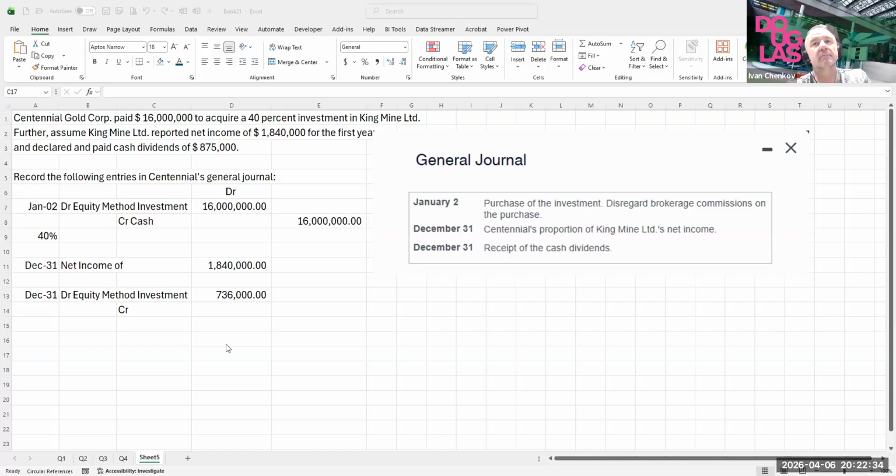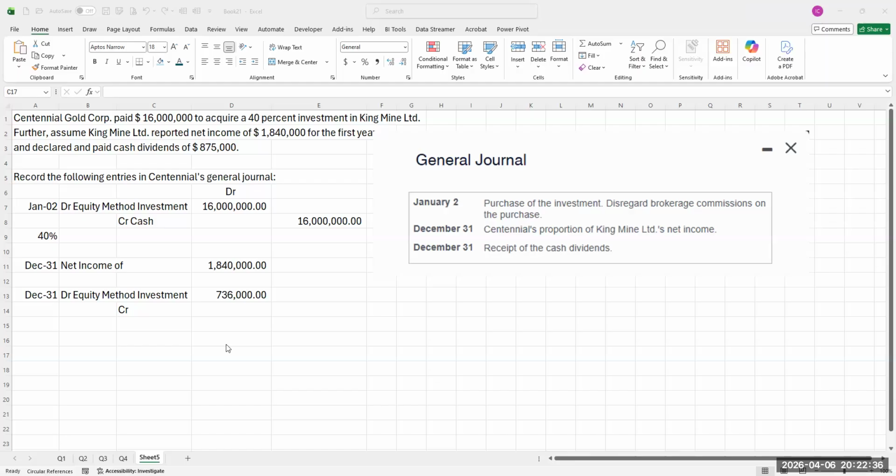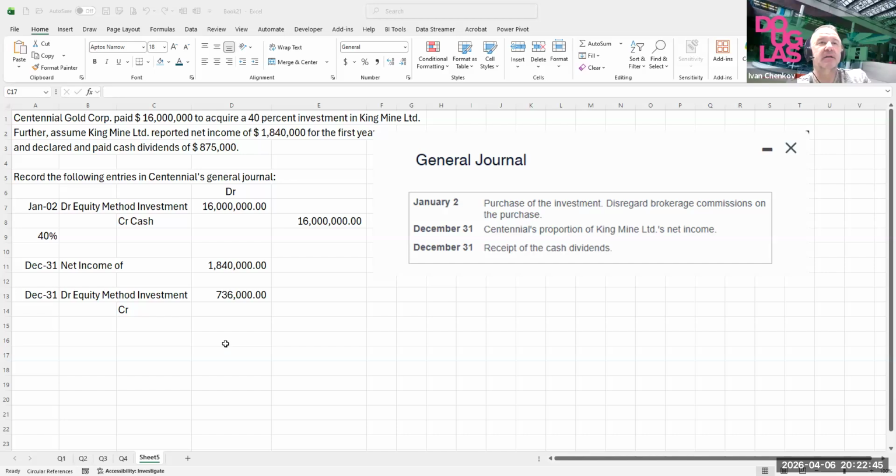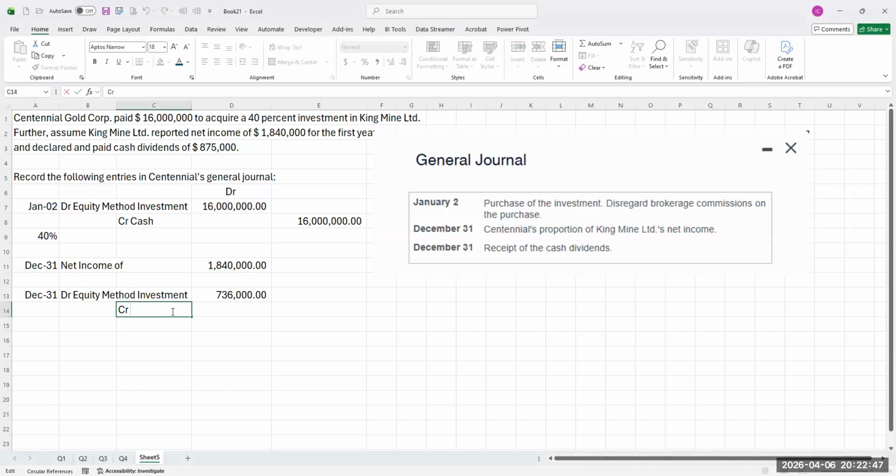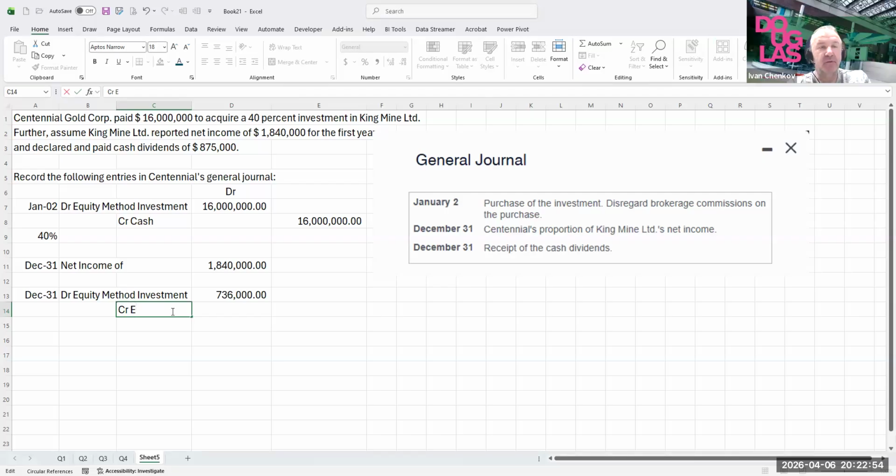Okay, I don't think I grasped the concept. Any other suggestions? What account did you say? I said equity method investment revenue. Okay, let's go with that one.